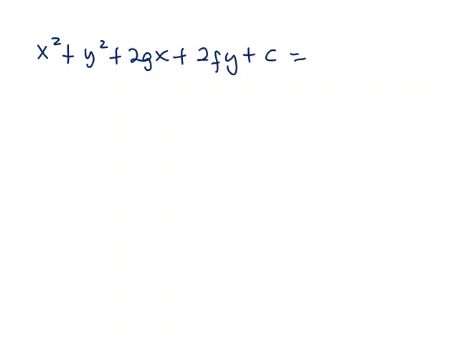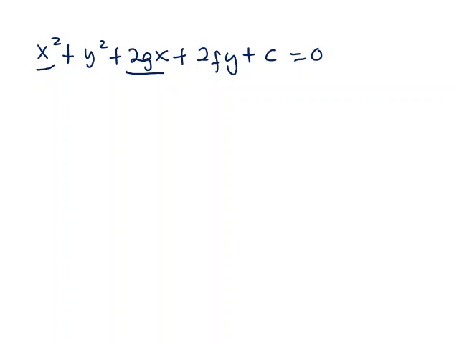From the general equation that we have just now, x^2 + y^2 + 2gx + 2fy + c = 0, now we are going to complete the square on the x and y. So this is x^2 + 2gx.